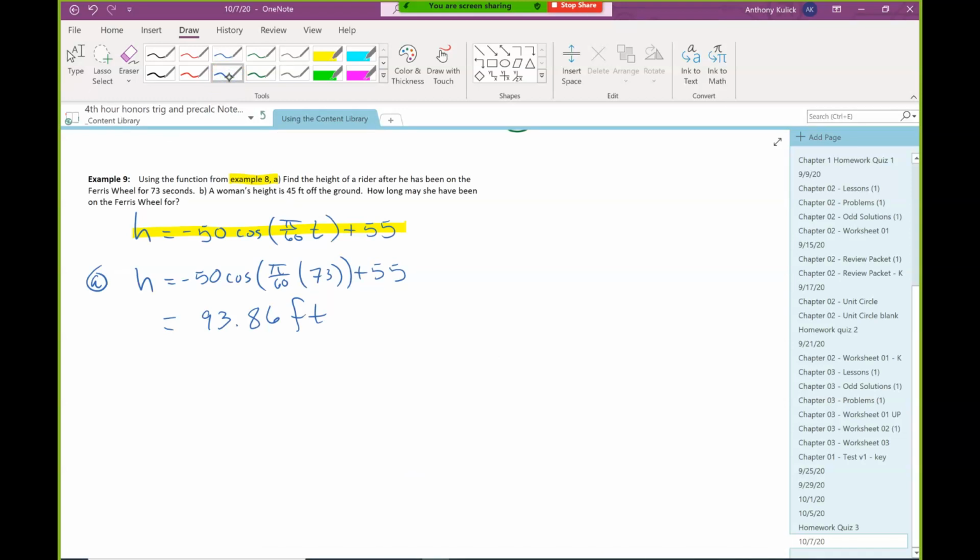Let's do part B. So it says the woman is 45 feet off the ground. How long may she have been on the Ferris wheel for? How am I going to solve that? What quantity am I looking for?